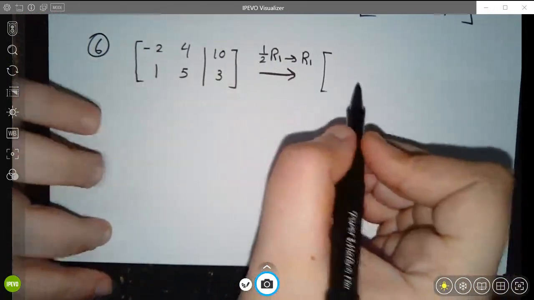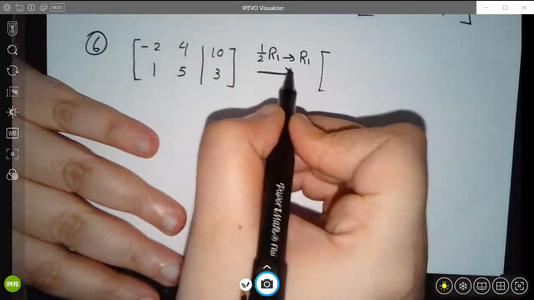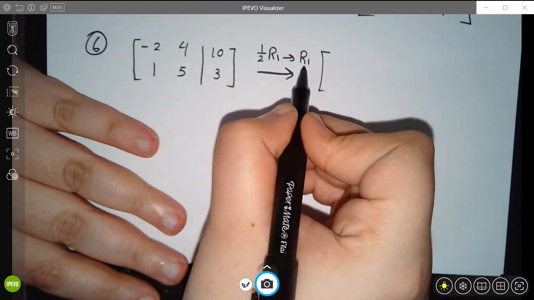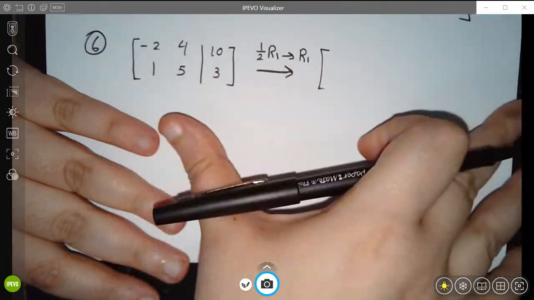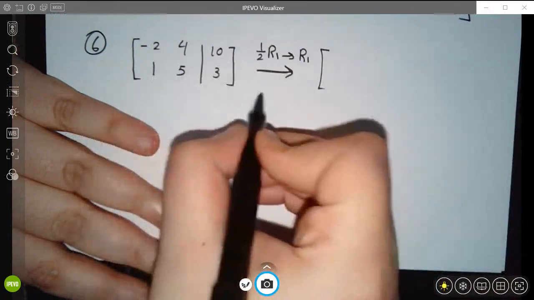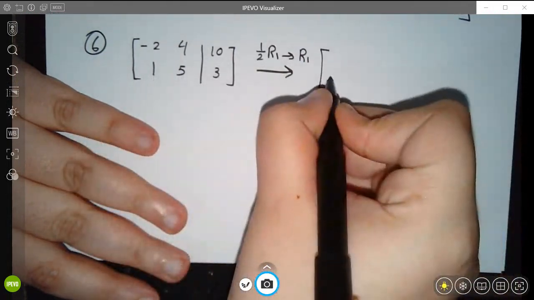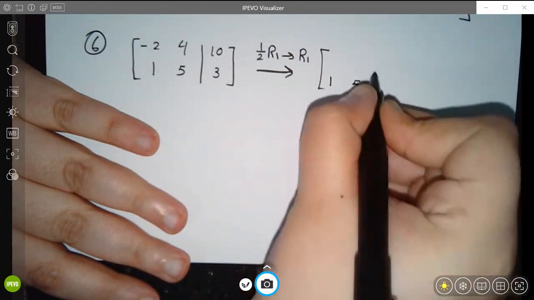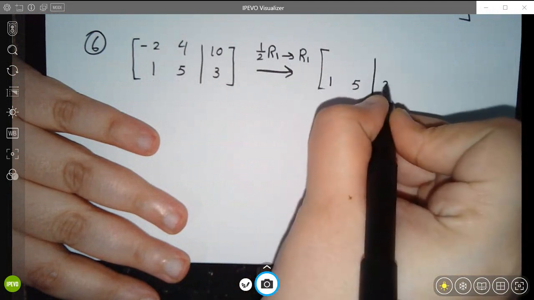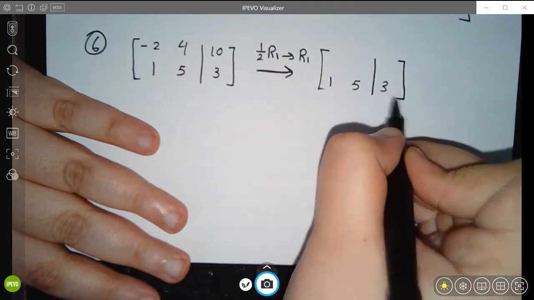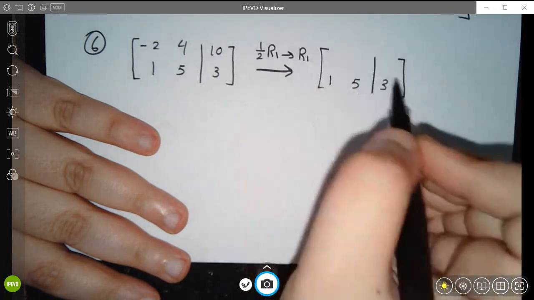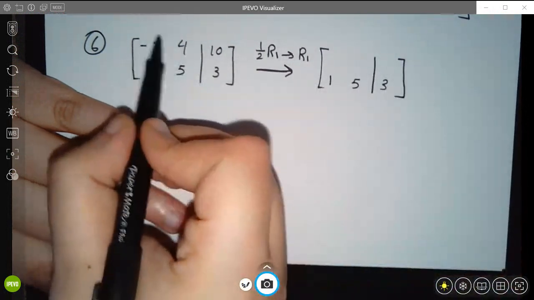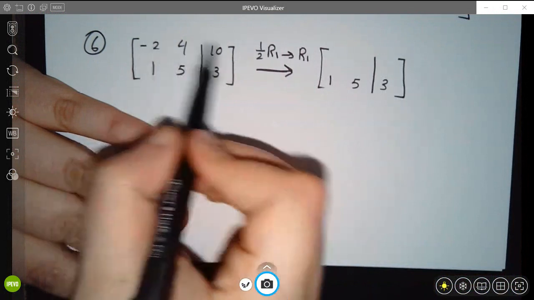Okay, so the fact that we're playing with R1 and the result is row 1, that means that row 2 is not going to change, correct? So I will write row 2 as it is. 1 here, 5 here, 3 here. Okay, now let's do row 1. So the first value in row 1 is -2.